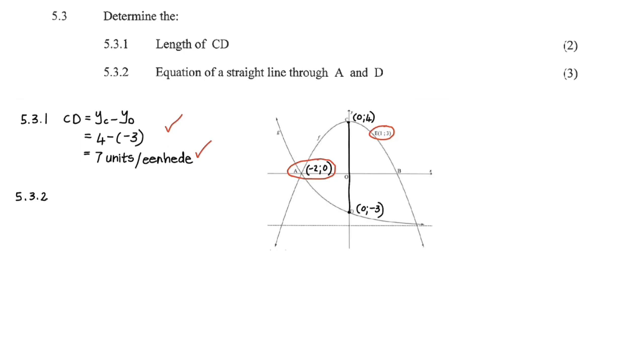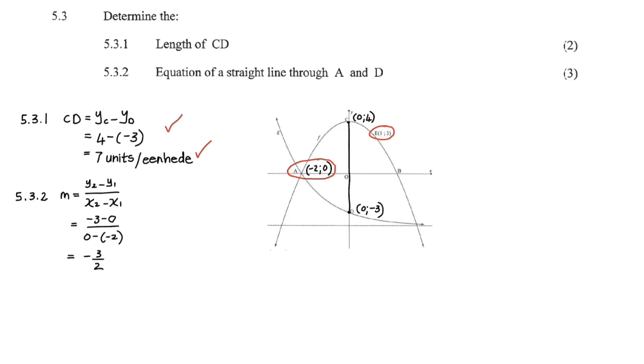Remember, we have the coordinates for A and we have the coordinates for D. So let's substitute these x and y values into the gradient formula. So we have negative 3 minus 0 over 0 minus 2. So that equals minus 3 over 2. So this is the gradient.